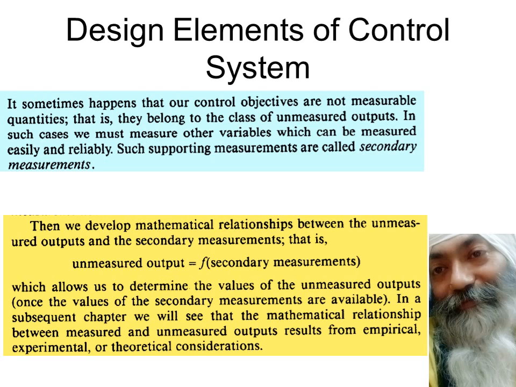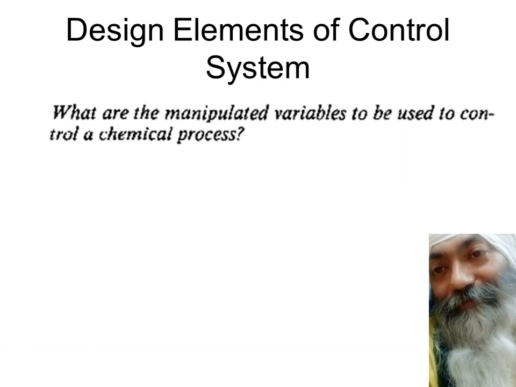We want to measure the output, we cannot measure the output, so we'll make the secondary measurements, and we will define some mathematical function from where we can infer the unmeasured output. We will see how this can be done from empirical, experimental, or theoretical considerations. This is something we'll see later.